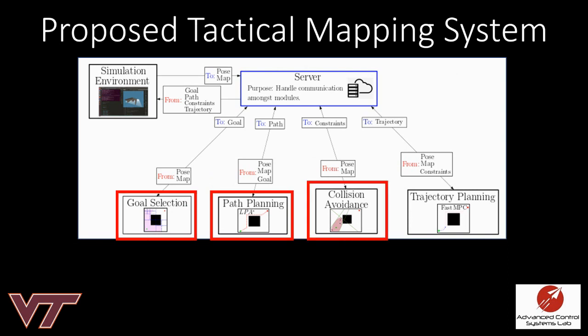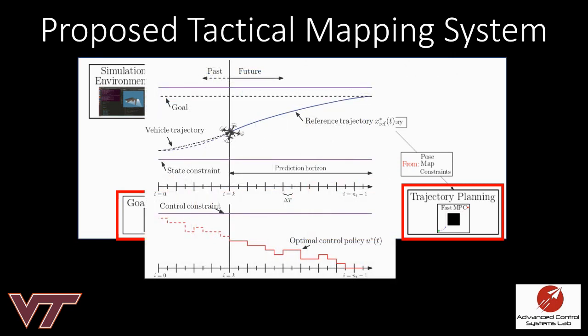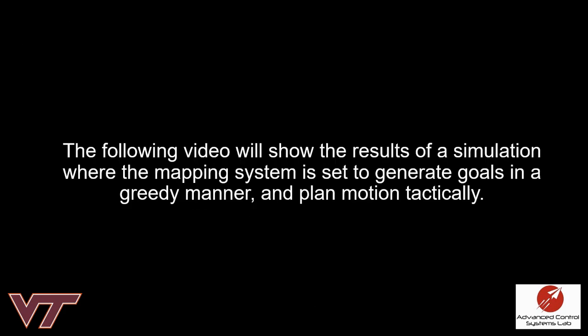The collision avoidance or constraint generation algorithm is not covered in this paper. The trajectory planner is based on the fast model predictive control technique with a custom cost function to also enable tactical or reckless planning. The following video will show the results of a simulation where the proposed mapping system is set to generate goals in a greedy manner and plan motion tactically.